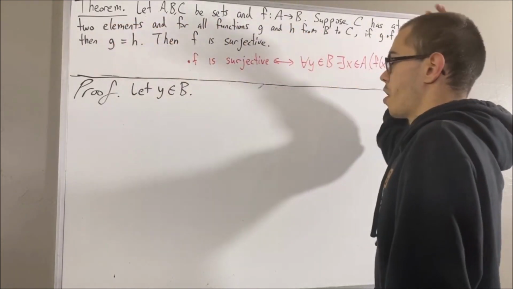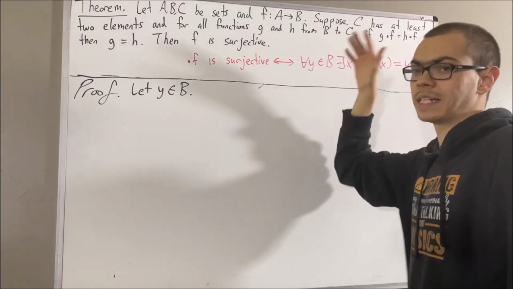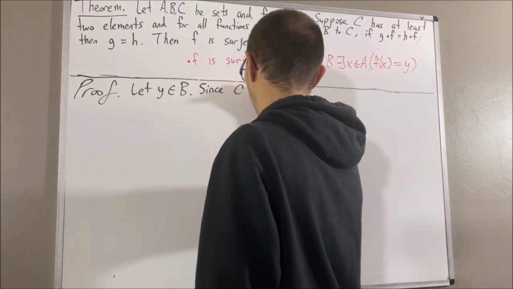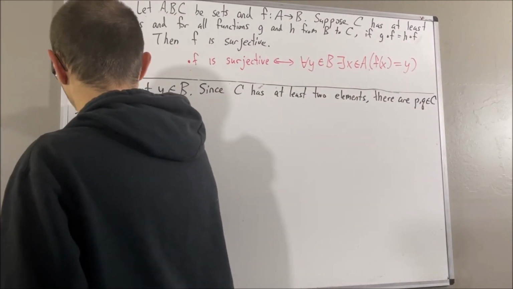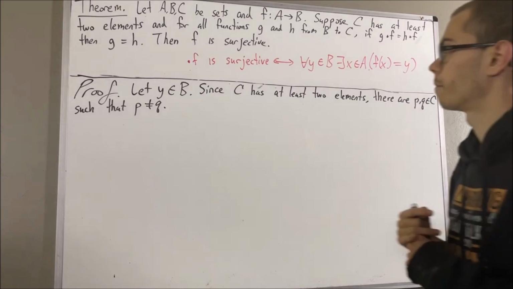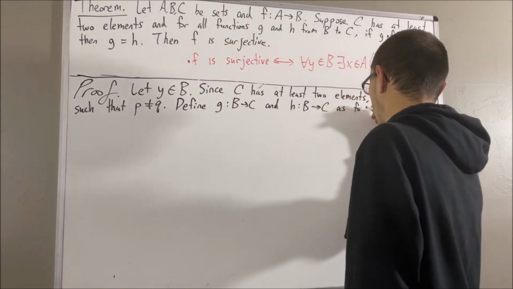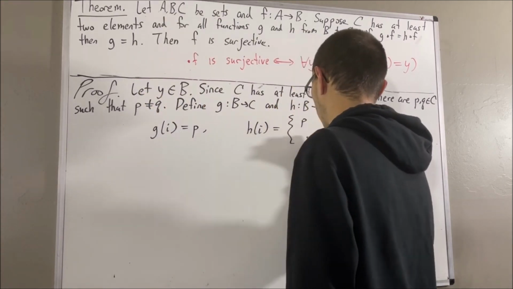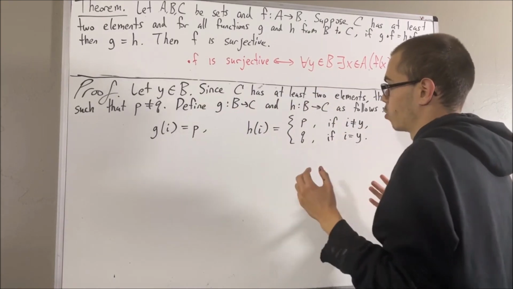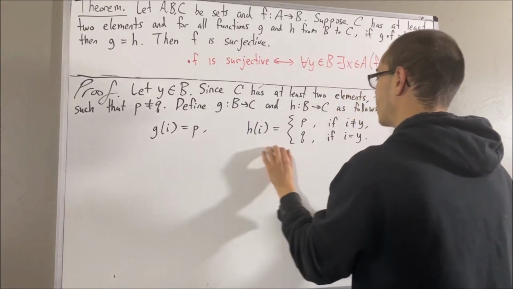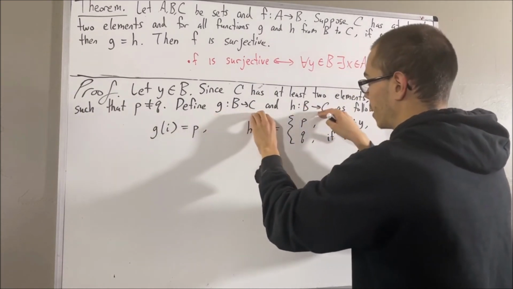This means that there are two elements, P and Q in C, where P is not equal to Q. Now, let's define our functions G and H. Something I didn't mention in the scratch work is, based on the way we defined G and H, they are indeed functions from B to C.